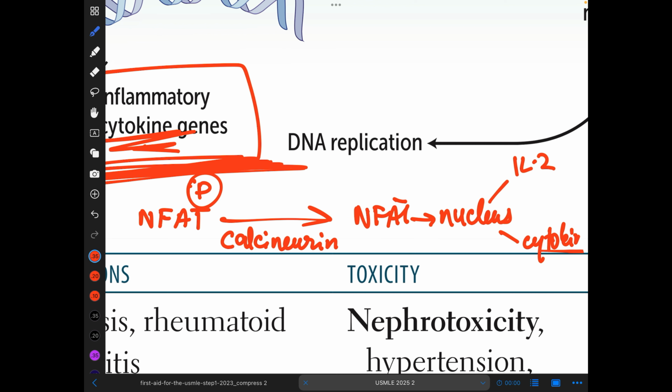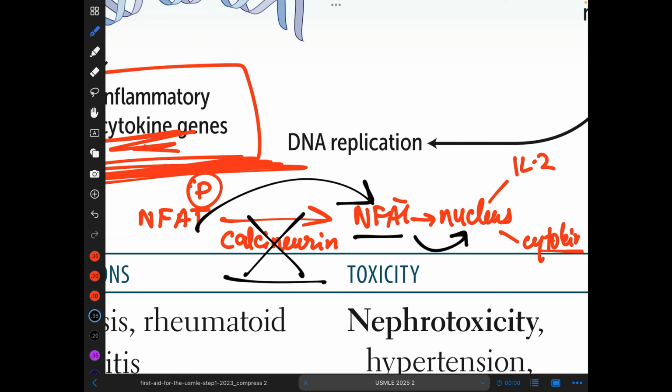If we block the pathway from calcineurin, it will not convert to NFAT and not go to the nucleus for transcription, so interleukin-2 will not be formed, and other cytokines also will not be formed.